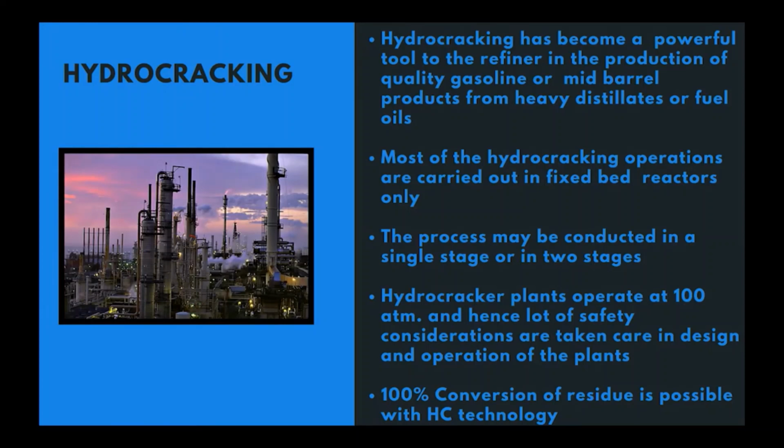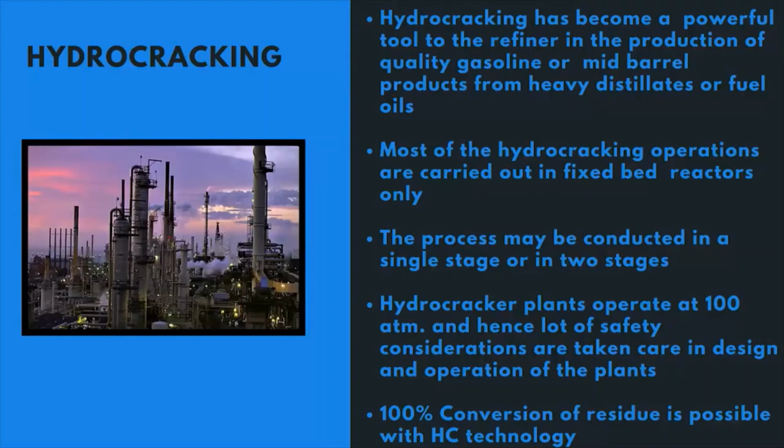So, of course, this is a cost-intensive unit to construct and commission, but once this unit is put in place, most of your residues can be processed and converted into valuable products. So, a huge capital investment, but in the long run it is going to give a lot of profitability for the refiner. Primarily the cracking happens using three different techniques.